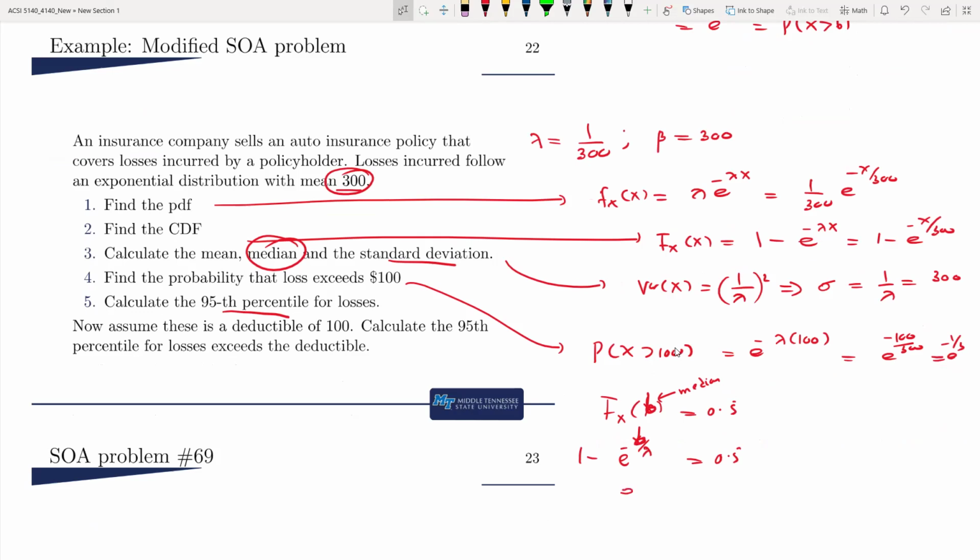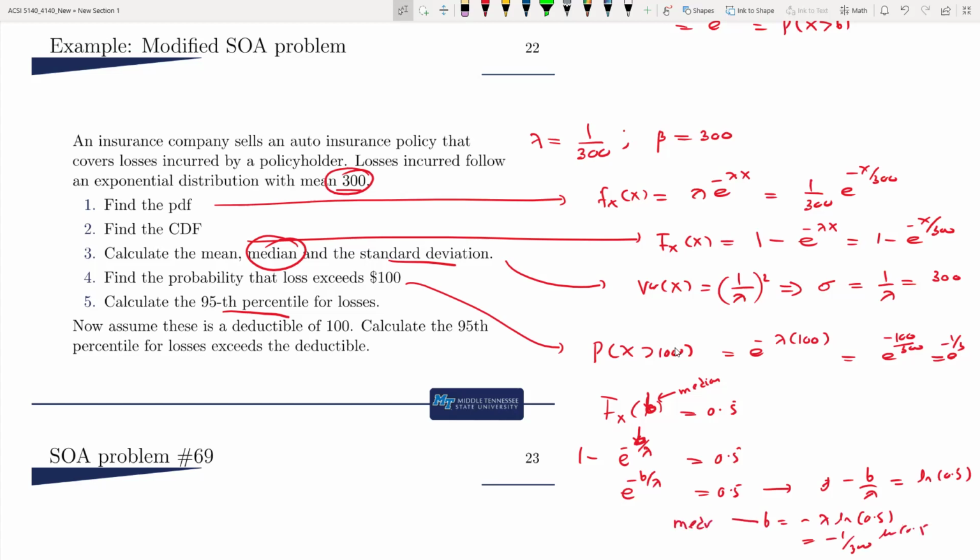That tells us e to the power negative b over lambda is 0.5. Take the natural log of both sides, so negative b over lambda equals natural log 0.5. Then b is negative lambda times natural log 0.5, or in other words, negative 300 times log 0.5. That's the median.